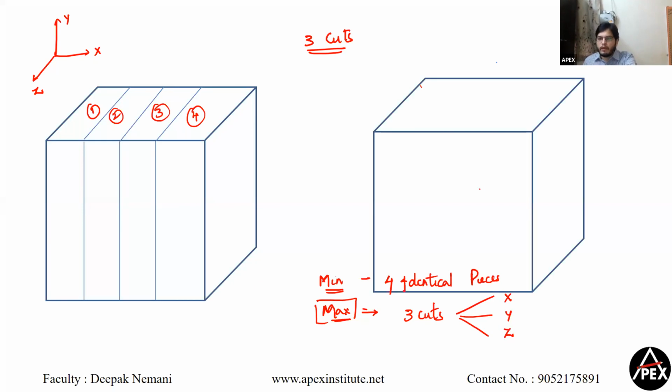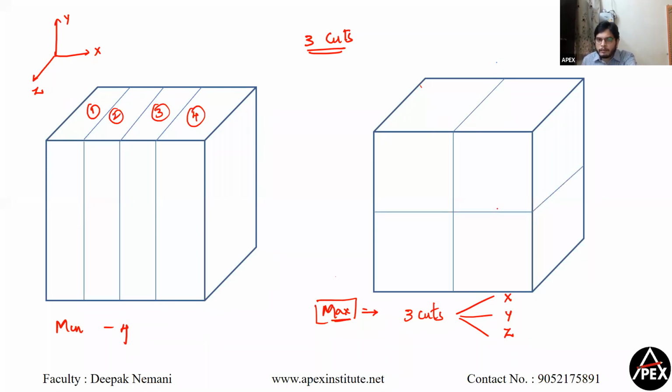Okay. So we have a cube. So 1 in Y direction. This was the minimum 4, and this is the maximum. I have made 1 cut in each direction. So how many cuts did I make? 3 cuts, one in each direction.